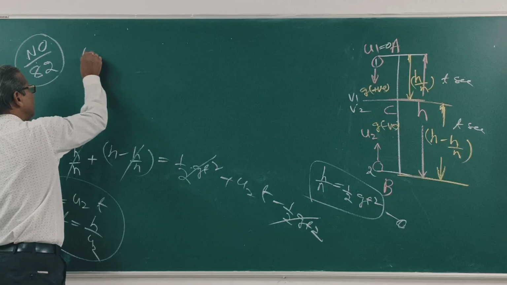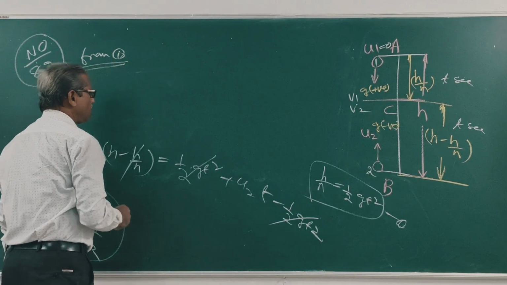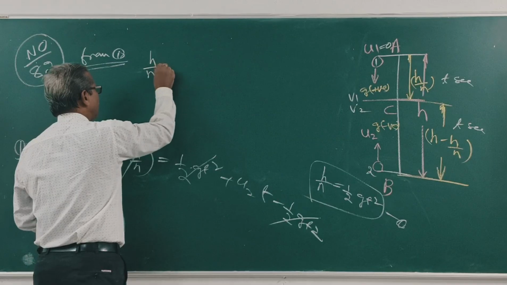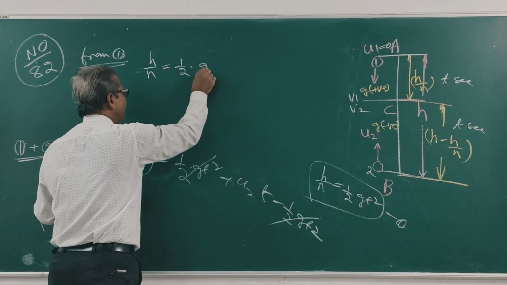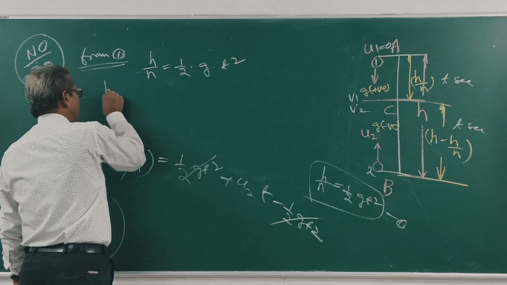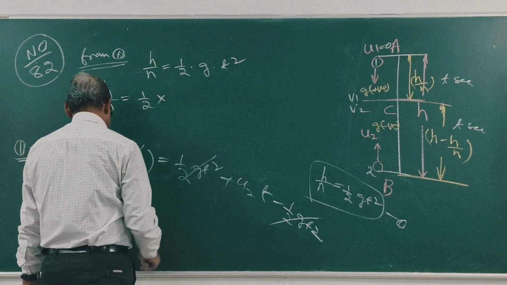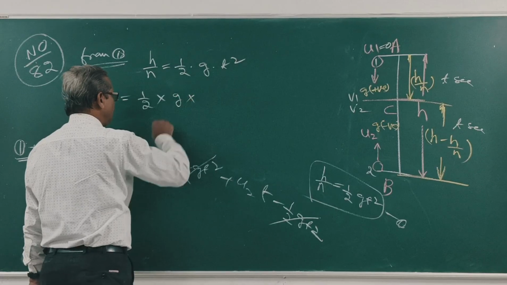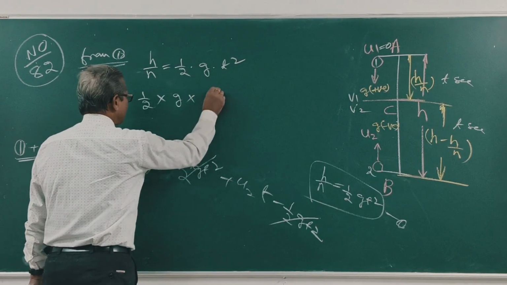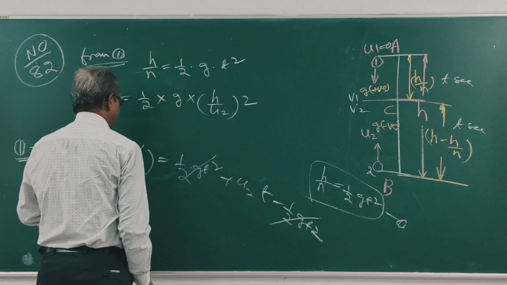So, from equation 1, what is h1 equal to? Half g into t square. h1 is equal to half g into h by u2 squared.